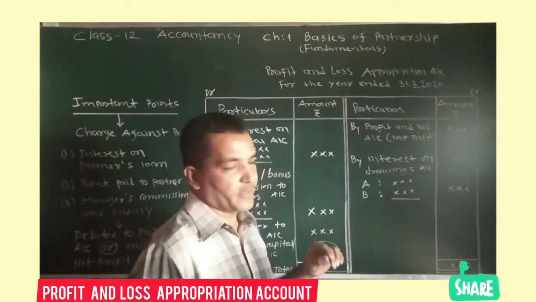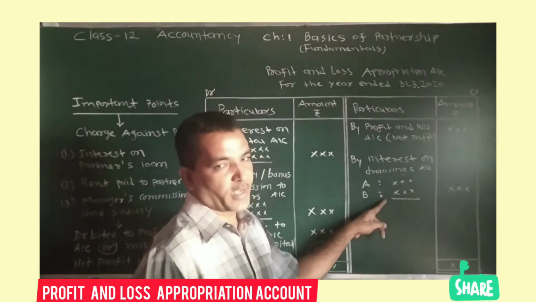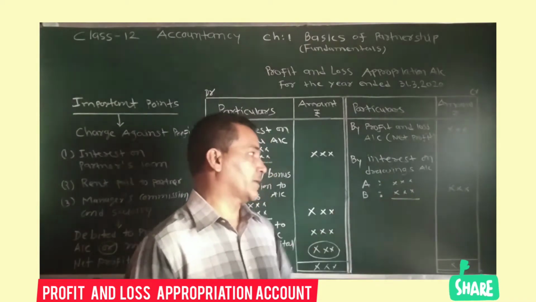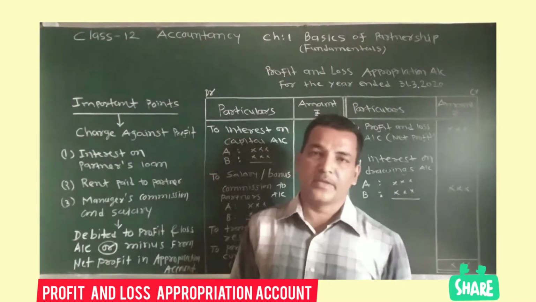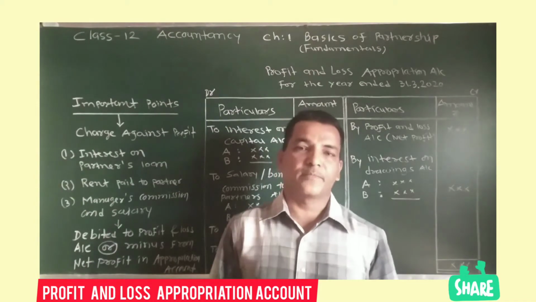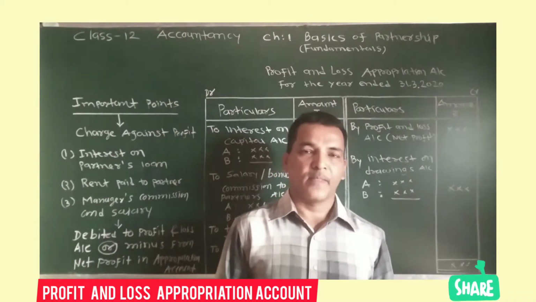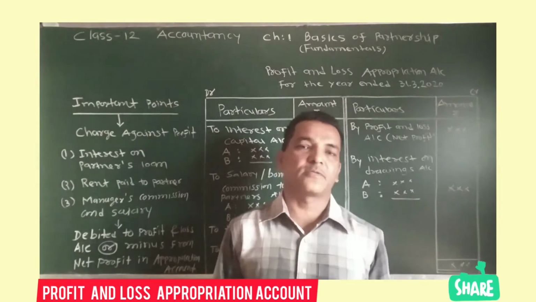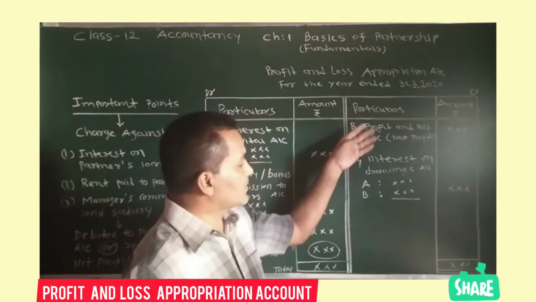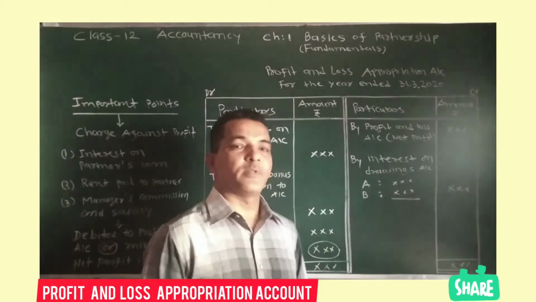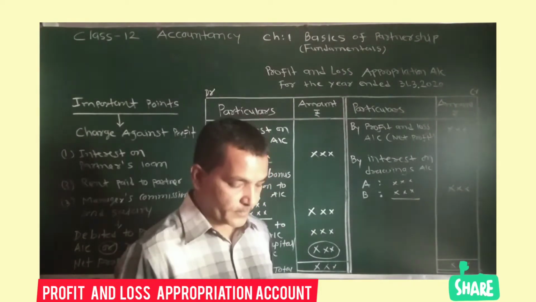I have taken two partners. Individually their amount you will calculate and that you will write here. Now this interest on drawing is also one interesting topic. In my next video, I will take how to calculate interest on drawing. There are different concepts in this also. So these two items will come on the credit side of the appropriation account.